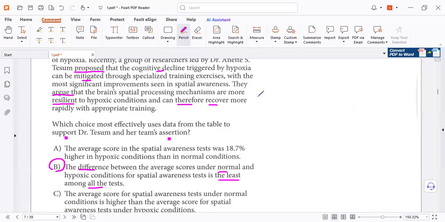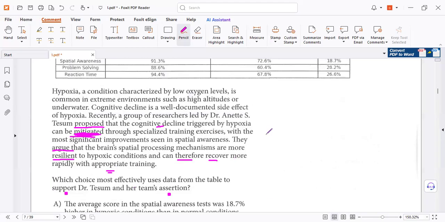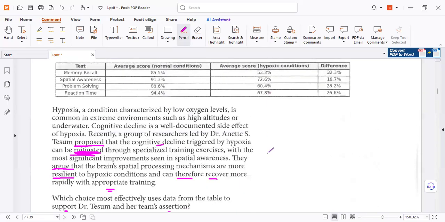So that means it could recover more rapidly, more resilient, because it's least. That means we can reduce it, it could be mitigated. To mitigate means it could be reduced. So the difference is the least, and the least here means it could be reduced. Yes or no?